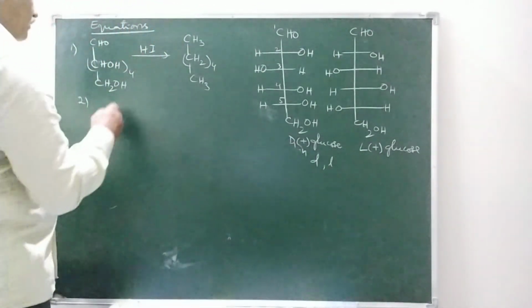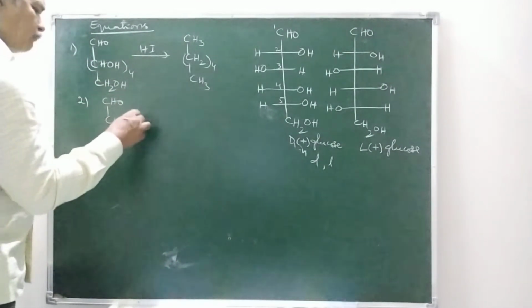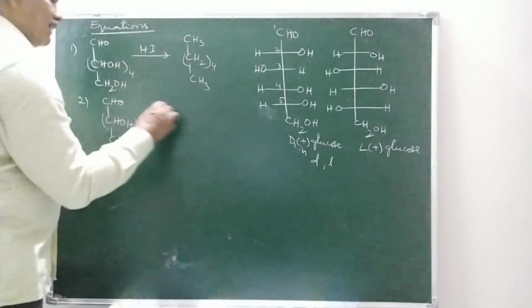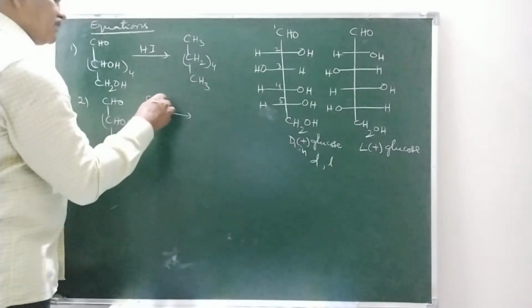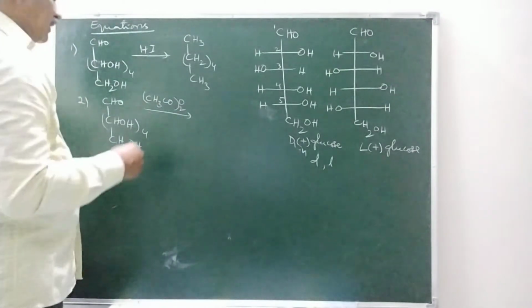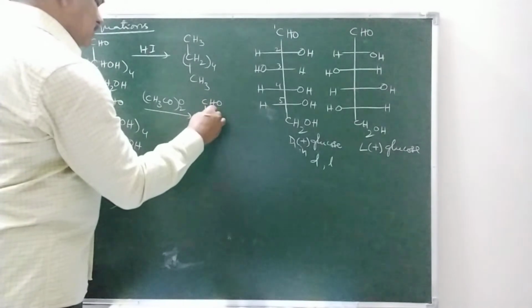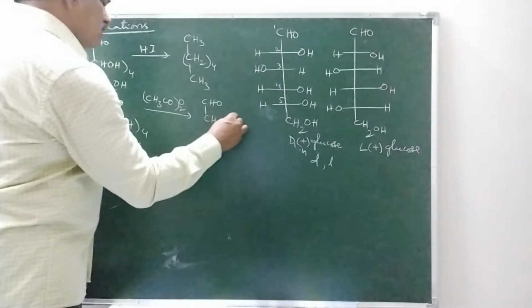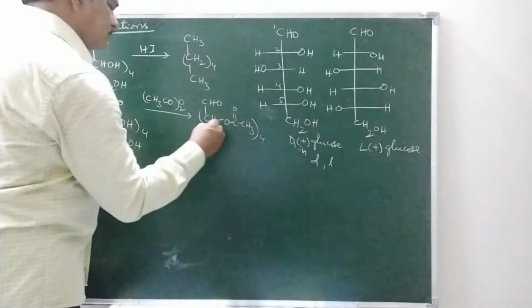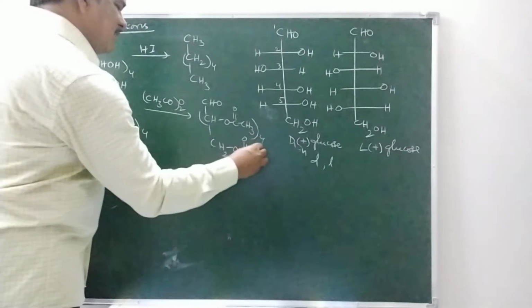CHO, CHOH 4 times, CH2OH, when treated with acetic anhydride, (CH3CO)2O, gives a pentaacetate: CHO, CH-O-CO-CH3 4 times, CH2-O-CO-CH3.